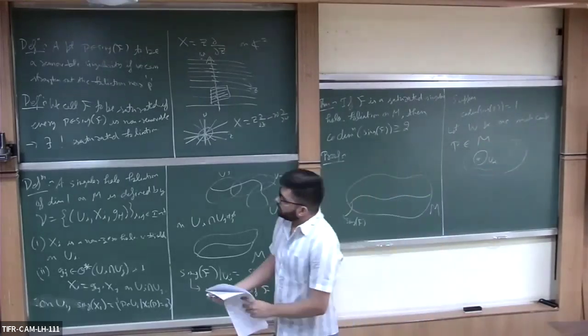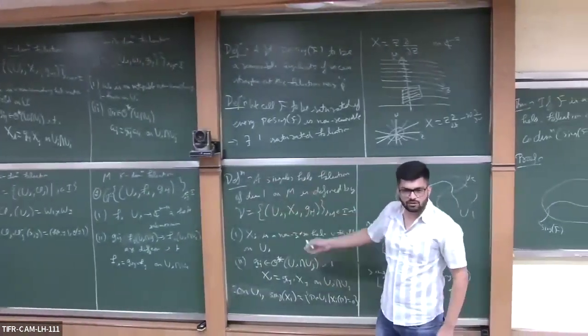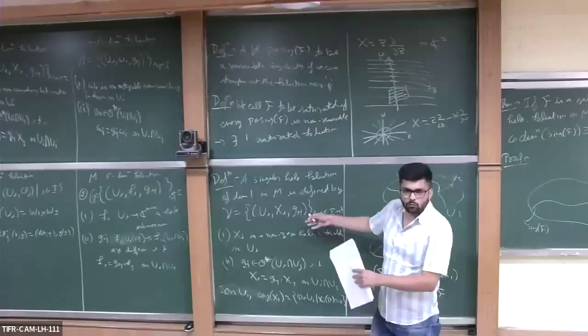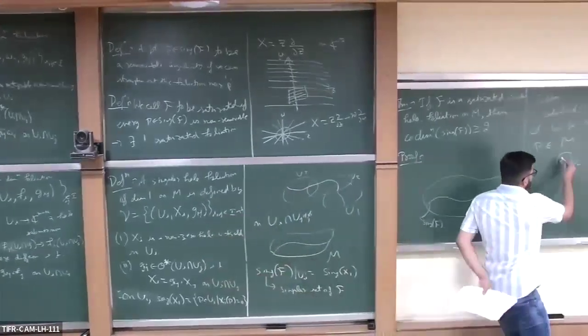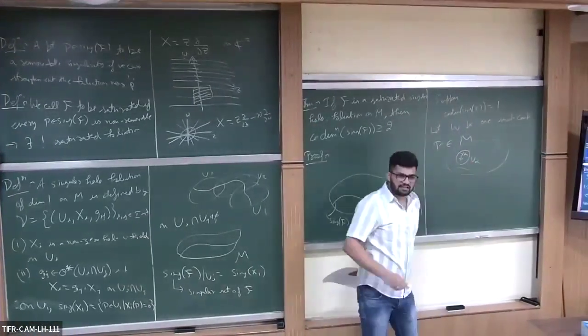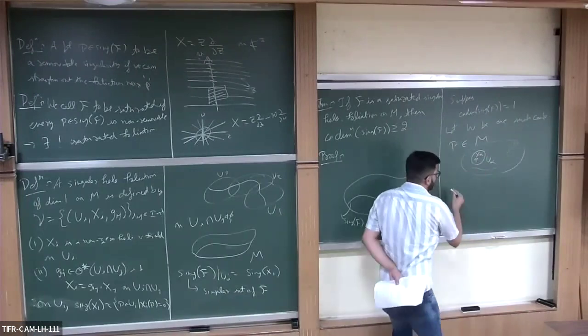Now, if you look at the definition of a singular holomorphic foliation, we have these holomorphic vector fields which define this foliation. On the chart U alpha, I have the vector field X alpha.